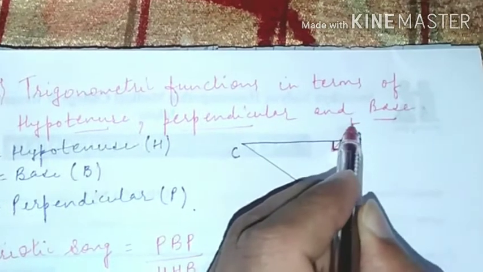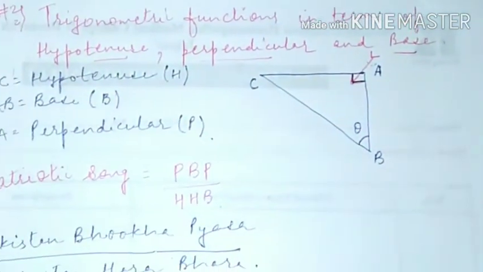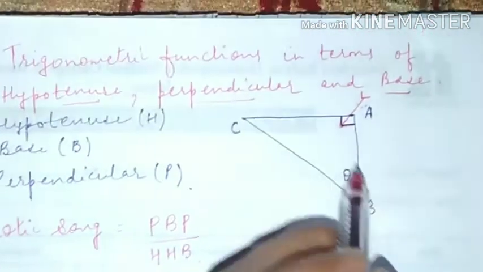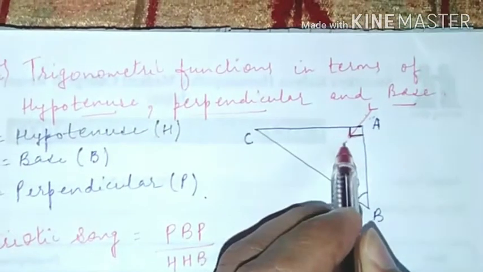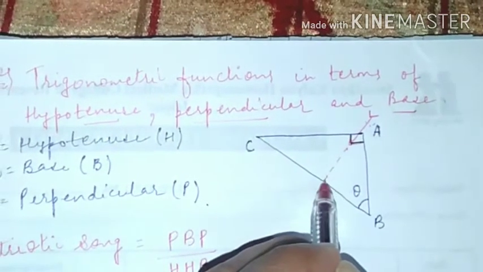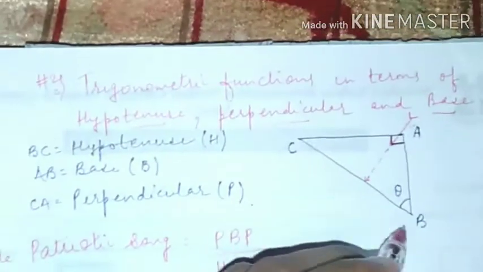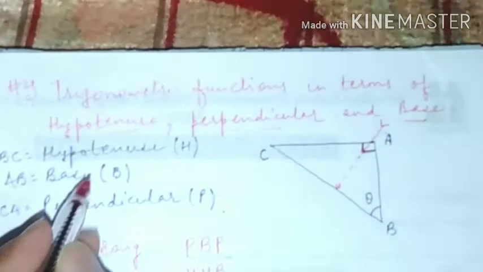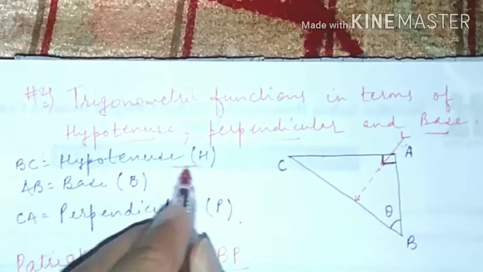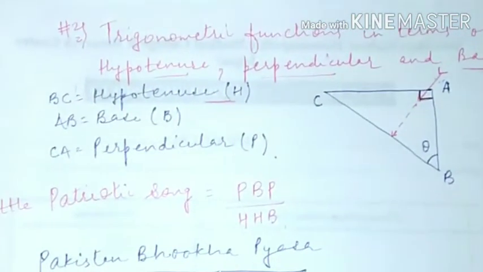Now you see where this arrow will go. It will go towards this side, isn't this so? So this side BC is the hypotenuse. You can represent the hypotenuse as capital H.